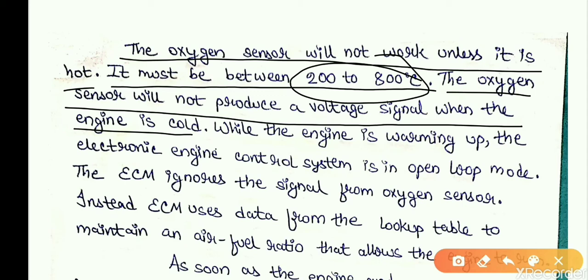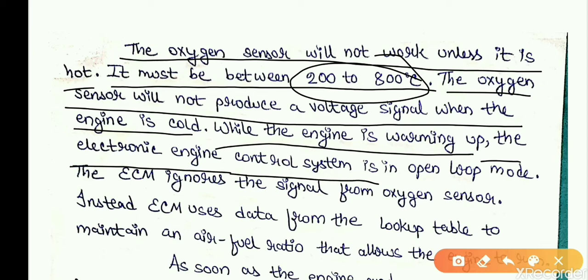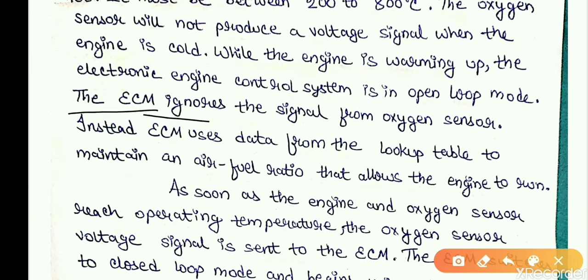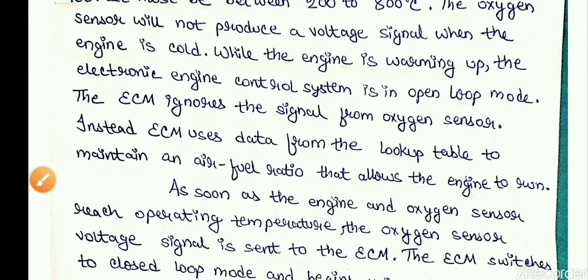While the engine is warming up, that is, for the first 10 or 15 minutes of running, the electronic engine control system is in open loop mode. Now see what happens: the ECM ignores the signal from the oxygen sensor. So during the cold start condition, or when the engine is cool, the ECM ignores all the voltage coming from the oxygen sensor.